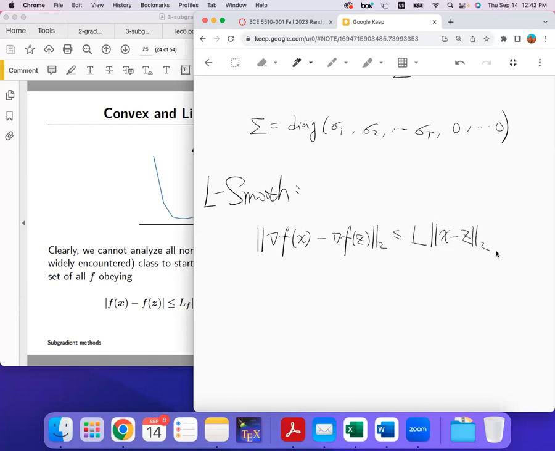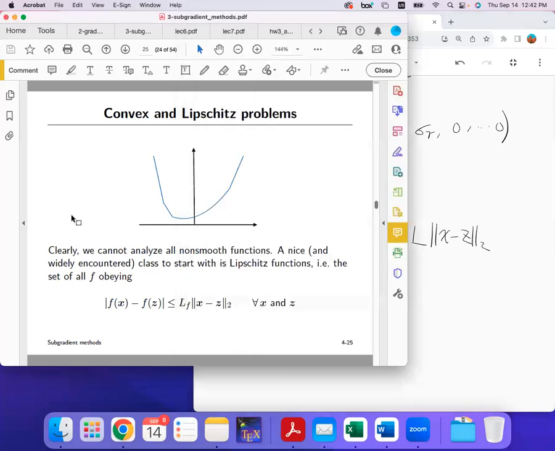But here we are talking about possibly non-differentiable functions. So there's no gradient anymore. Instead, we talk about the change in the function value. So we consider this class of Lipschitz continuous functions, and many functions fall into this class, the L1 norm and many other norms.